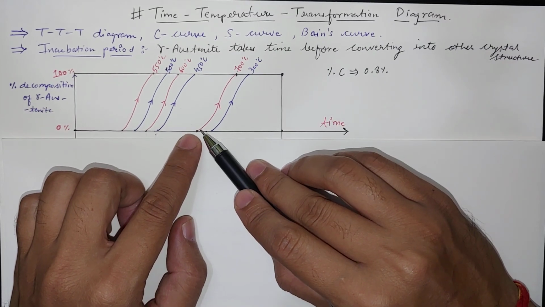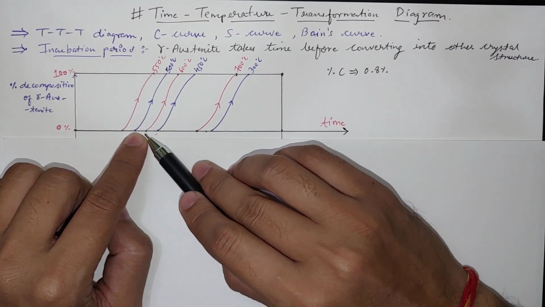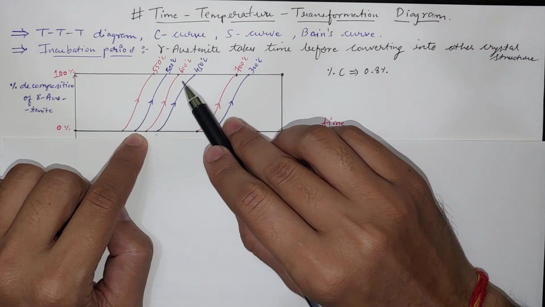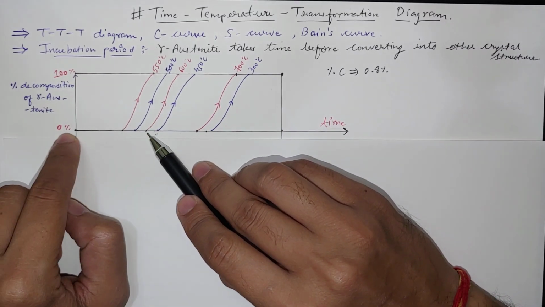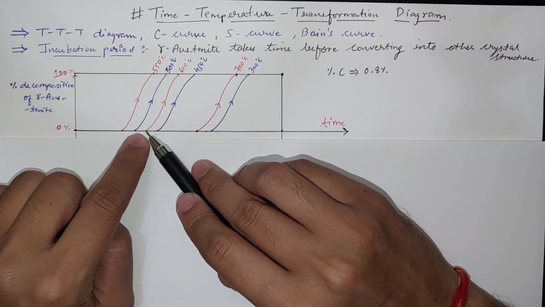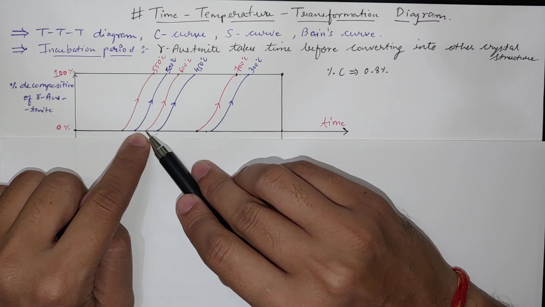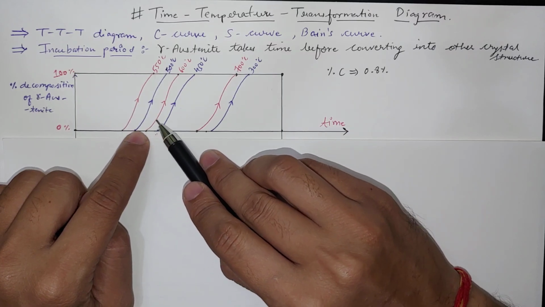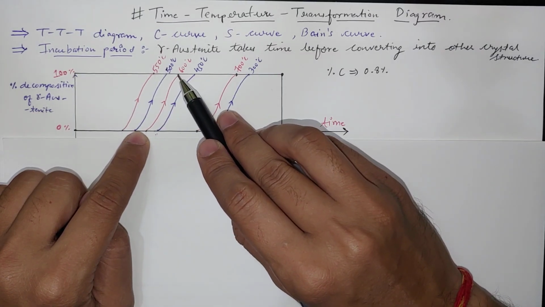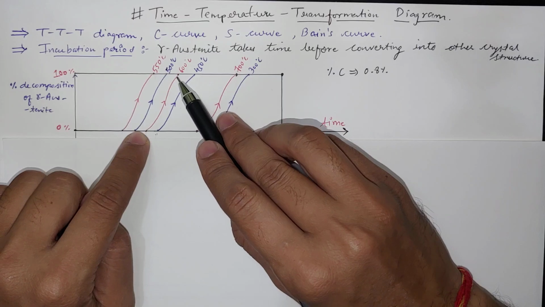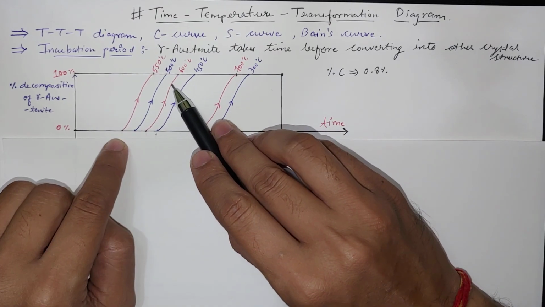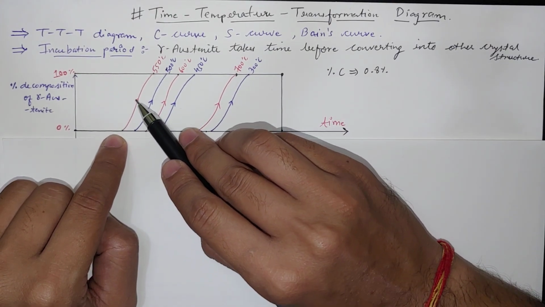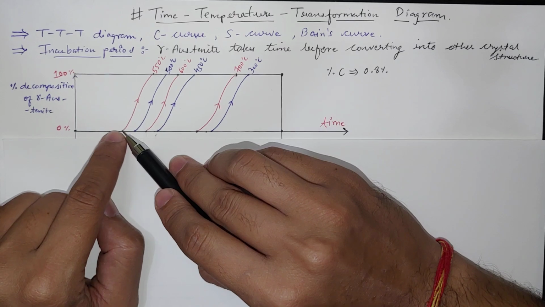Similarly, if we change the temperature and take 600 degrees Celsius, then from 700 to 600 the incubation period reduces, it starts much earlier, and it converts completely from gamma austenite to other crystal structure at 600 degrees Celsius. Similarly, at 550 degrees Celsius the incubation period decreases.